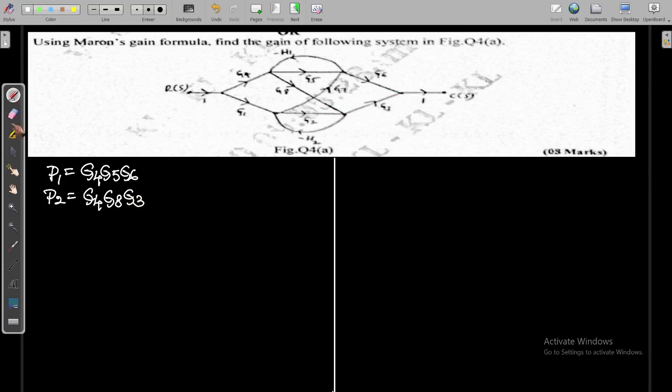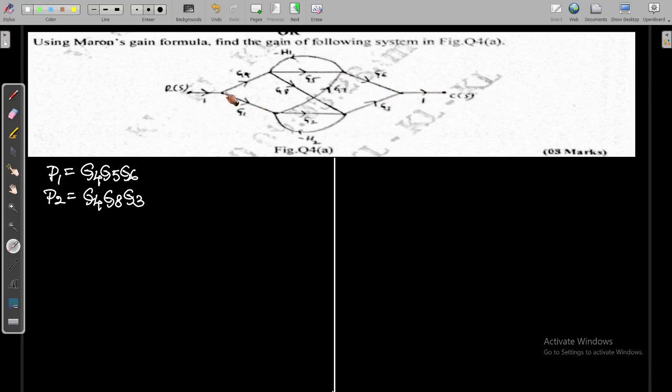Next forward path you can observe here, that is P3 we are taking. P3 is G4, G8, minus H2 and G7, then G6, then it is going to the output.